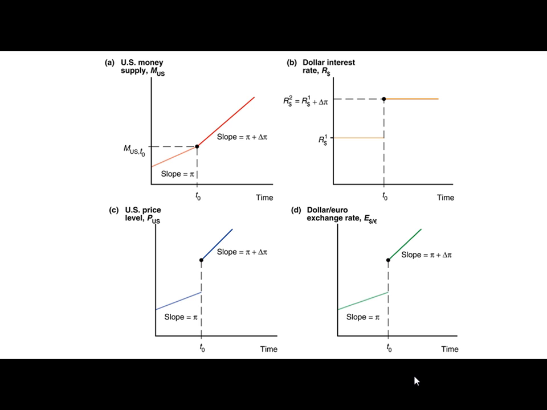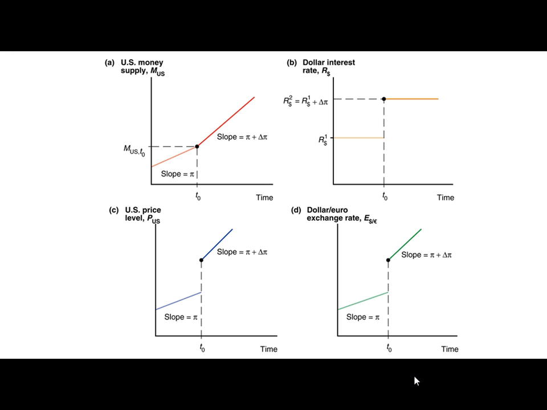Then, because of the immediate increase in interest rates, there is also an immediate decrease in the demand for real money assets, because when the interest rate rises, there's less demand for money. Because the money supply does not increase immediately but gradually, whilst the interest rate jumps up immediately, there is actually an excess money supply over the money demand.